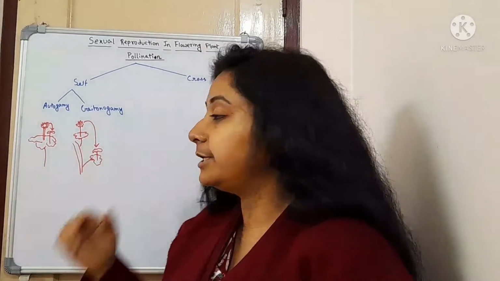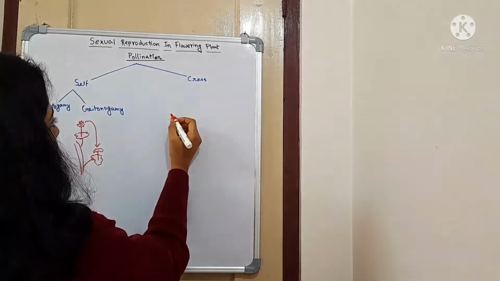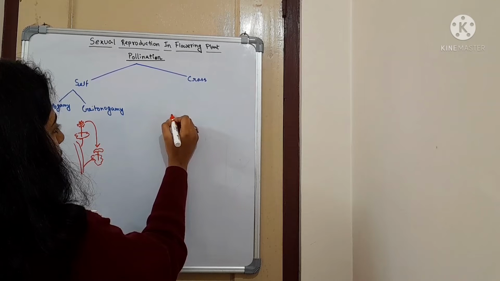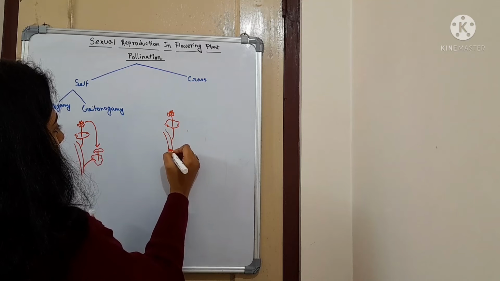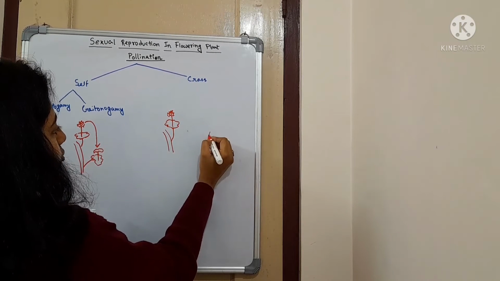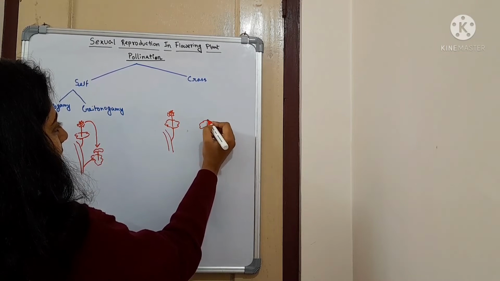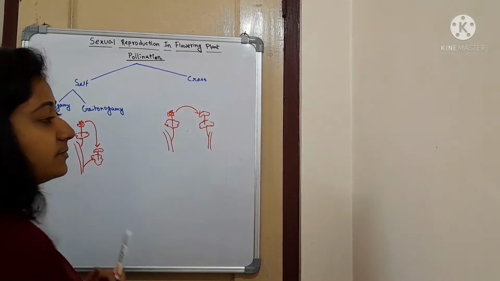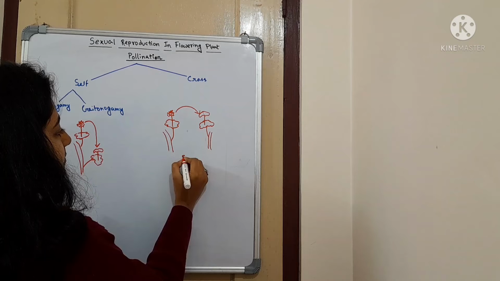Now let us move ahead to the next type, that is the third event, where in a flower there is the formation of the pollen grain, but there is no chance of it falling on the stigma of the same plant. So what will happen? It will go and fall on the stigma of the other plant of the same species.